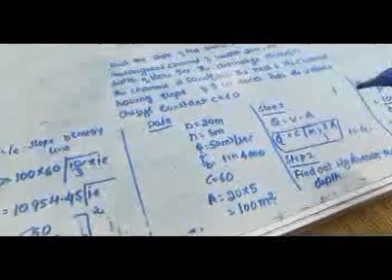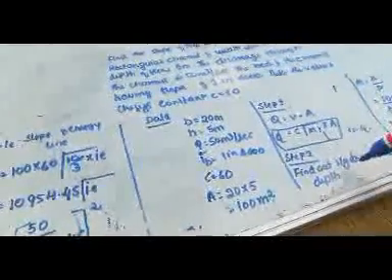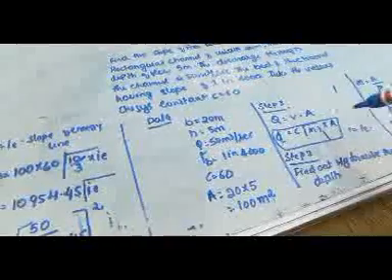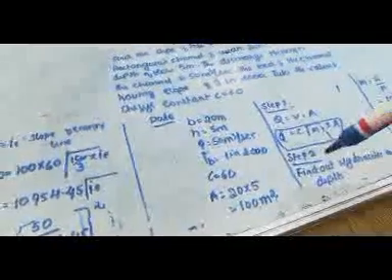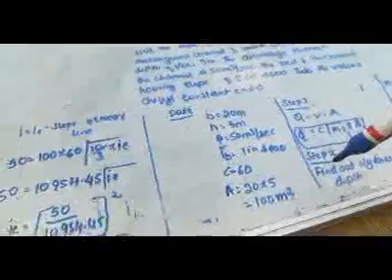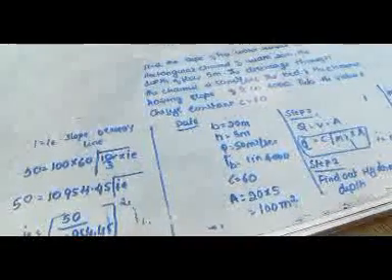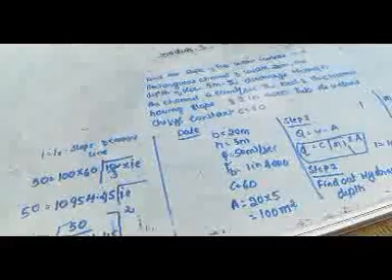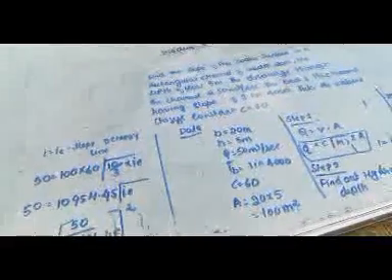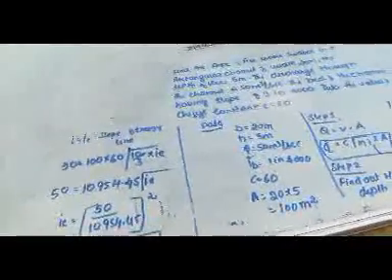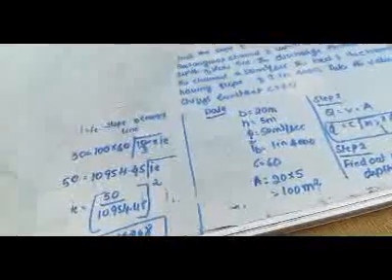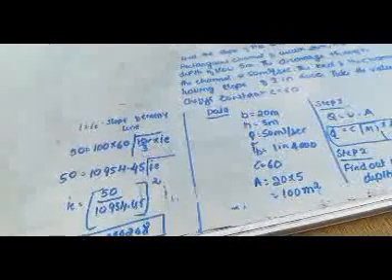So instead of V we can write C root of MI. We need to find out the I value. So find out the hydraulic mean depth M is equal to A by P. So everything we calculate and find out the slope. I energy slope is equal to, how much we got, 0.0208.